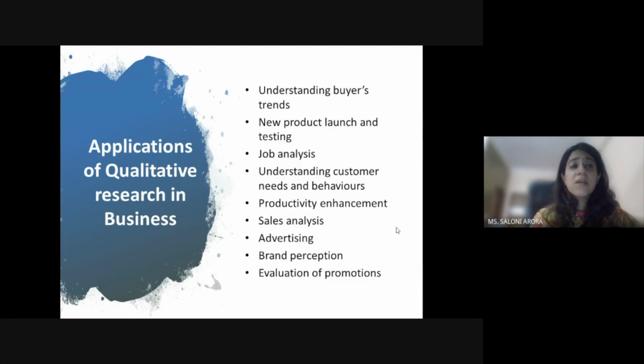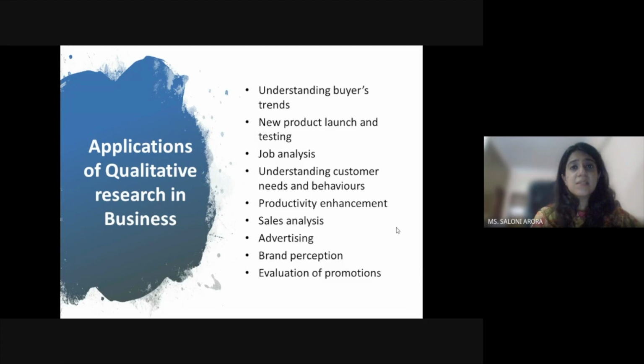What is it that they want to be improved? What is the feedback from their point of view? If you are able to achieve a positive feedback and an honest feedback from your employees and you implement them in your policies subsequently, definitely your productivity is going to be enhanced.